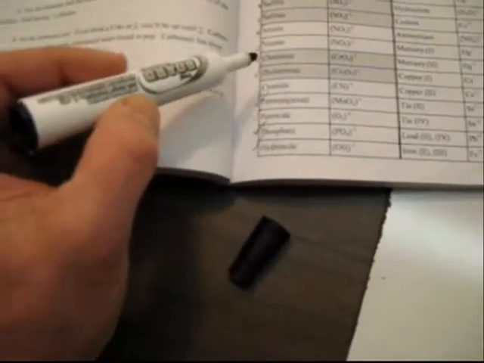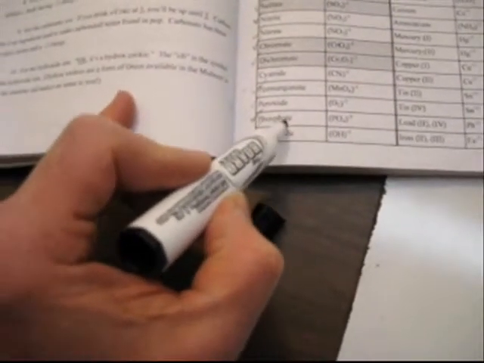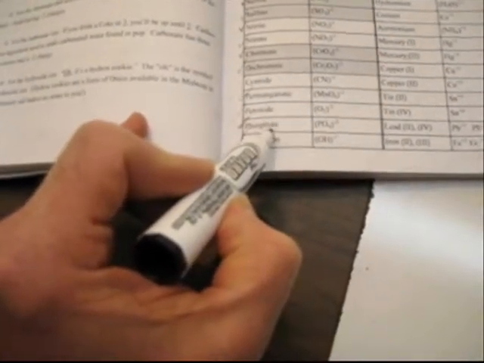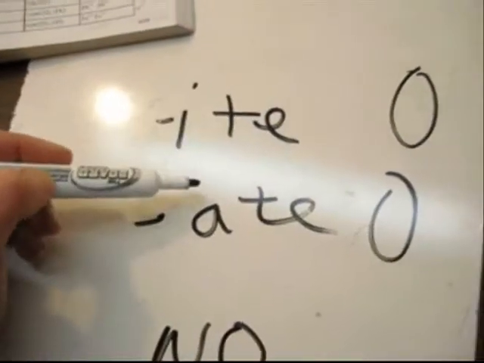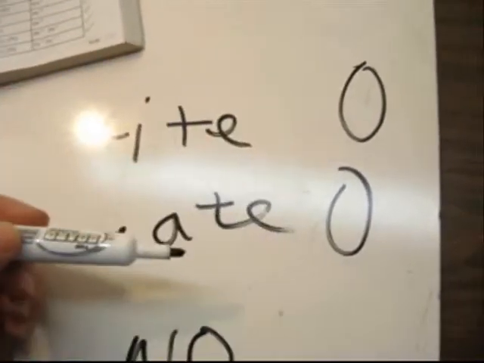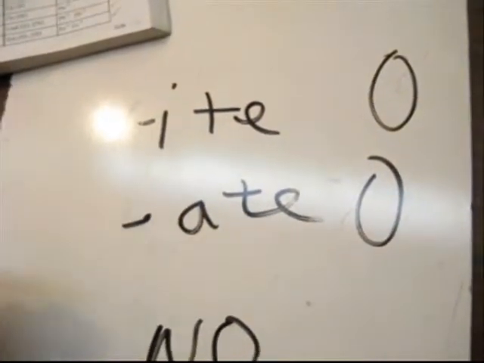Chromate is CrO4, oxygen is present. Permanganate ends in ATE, again we've got oxygen present. Phosphate, PO4, "ate" ending, and we've got oxygen present there. So if it ends in "ite" or "ate", always know that oxygen will be present somewhere in that compound.